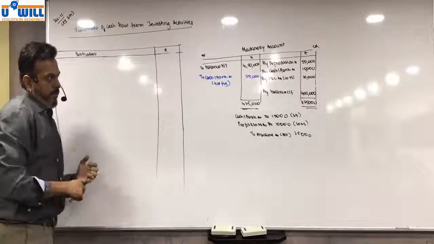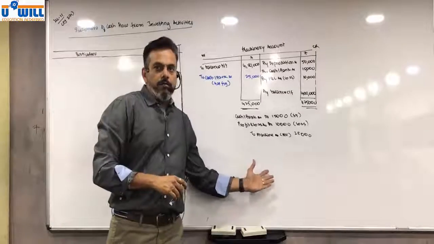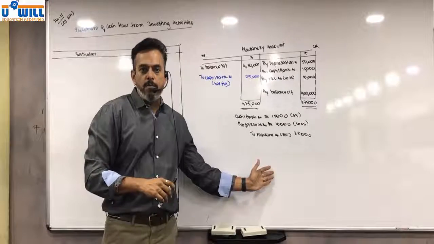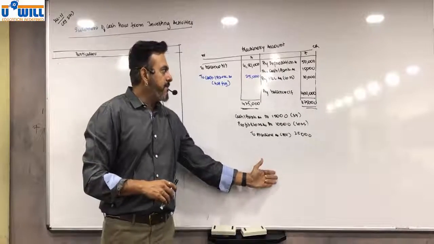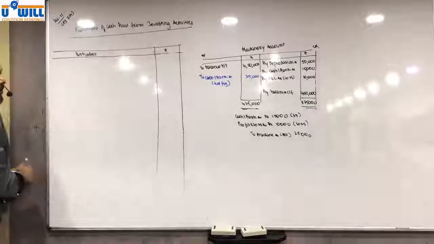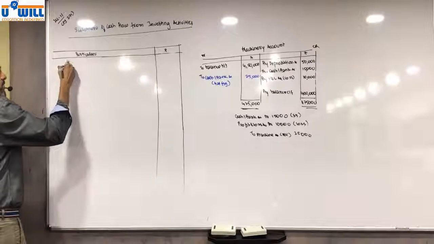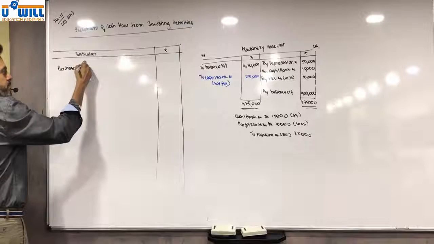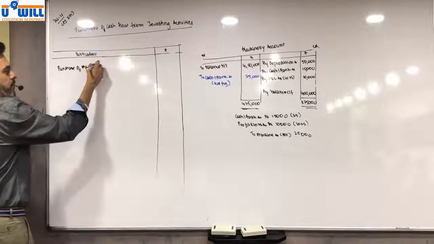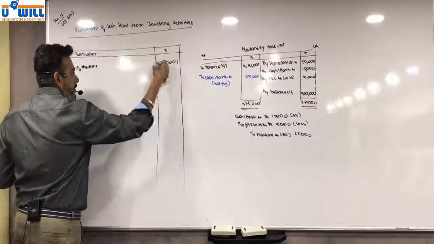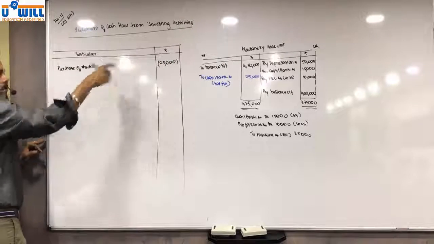From this, we'll make our cash flow statement for cash flow from investing activities. Now, we are buying a machine, so purchase of machine, 25,000 negative. Cash goes out.